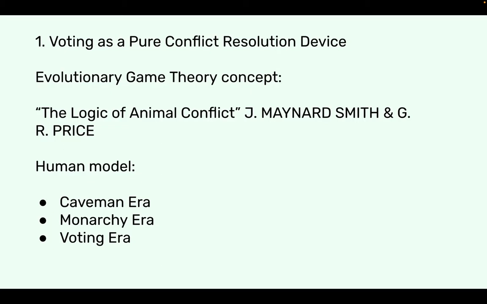Sometimes even when one dies, the winner is so hurt that it's a big evolutionary cost for the winner. And there are many like that. There are many other conflict resolution devices in animals.